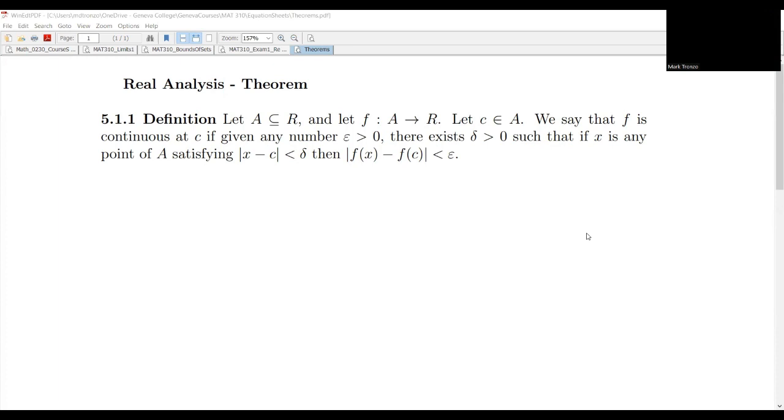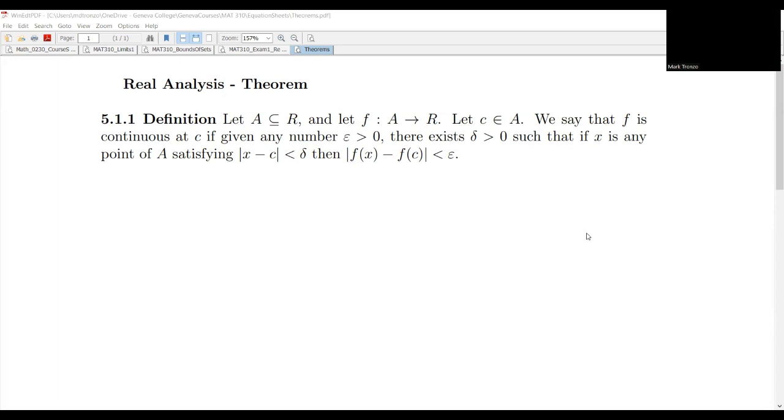And also we had that |x minus c| was less than delta, but in the limit definition, we had also that |x minus c| was greater than 0.